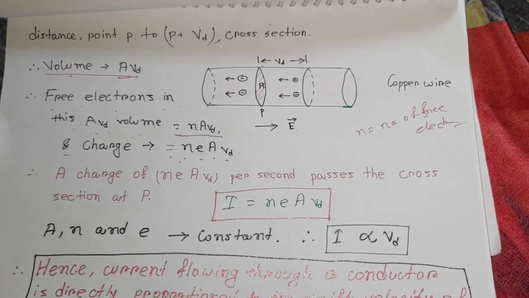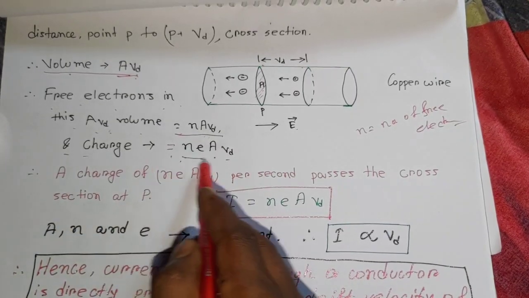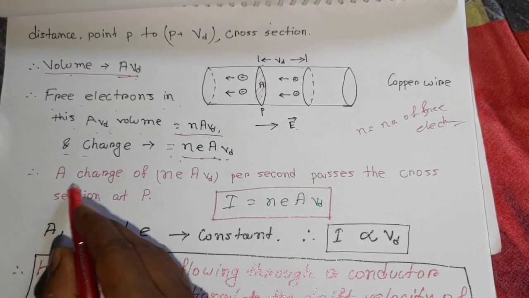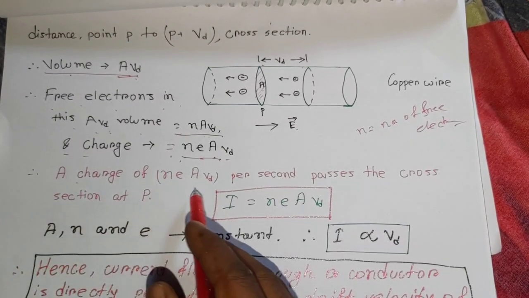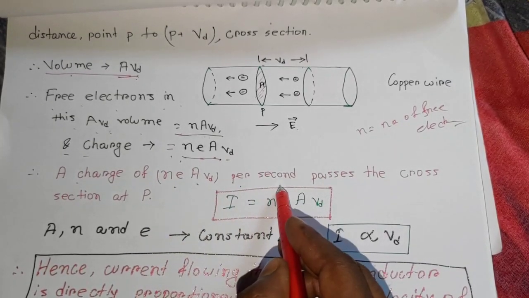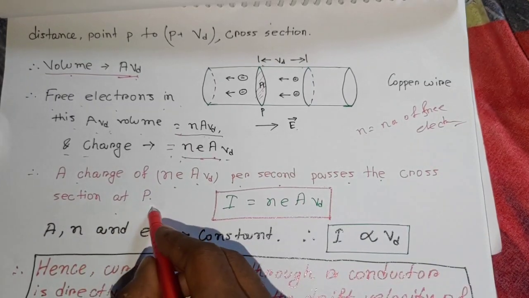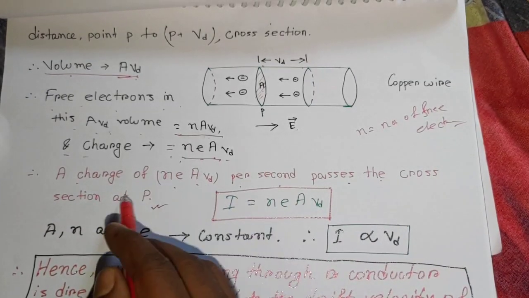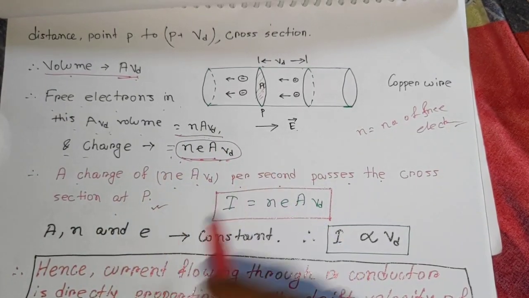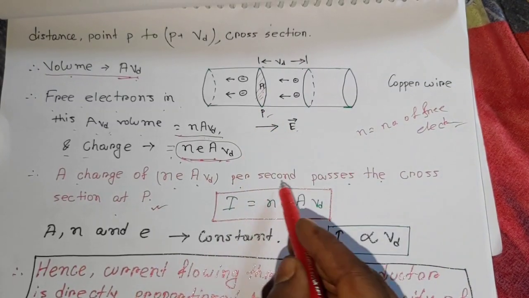So the total charge is N e A Vd. That means a charge of N e A Vd passes the cross section area A at point P per second.